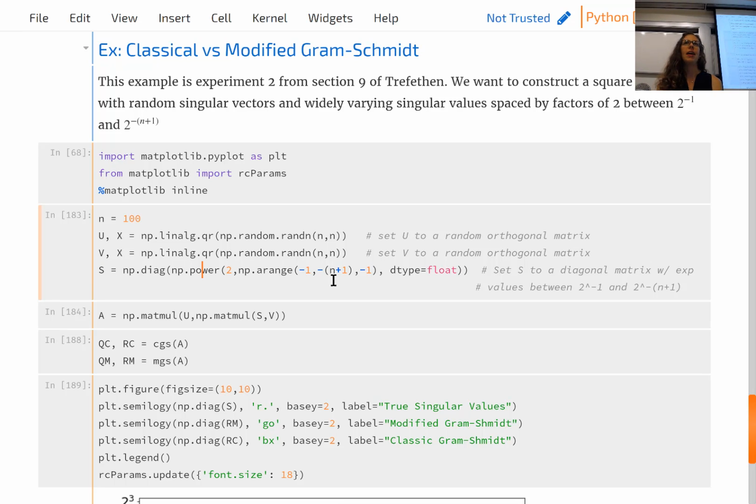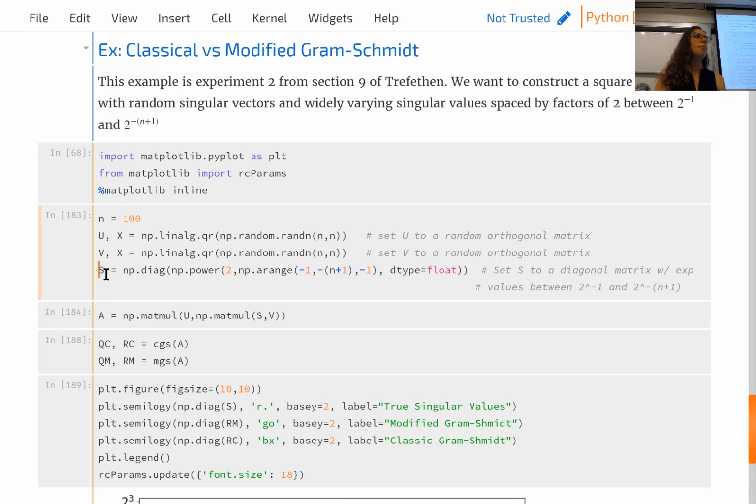We're using the idea of an SVD to construct a matrix that has the singular values we want. We get two orthonormal matrices for U and V, and for S, we put what we want along the diagonal, then multiply U times S times V, and that will have the singular value decomposition with the values of S that we've created.